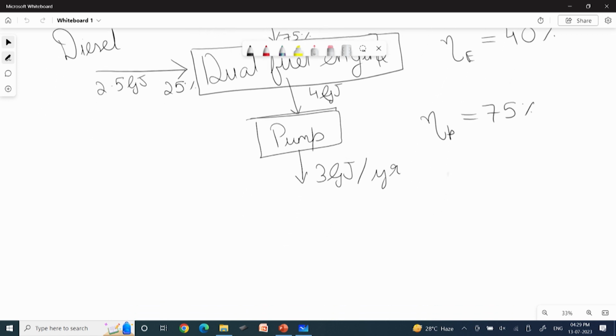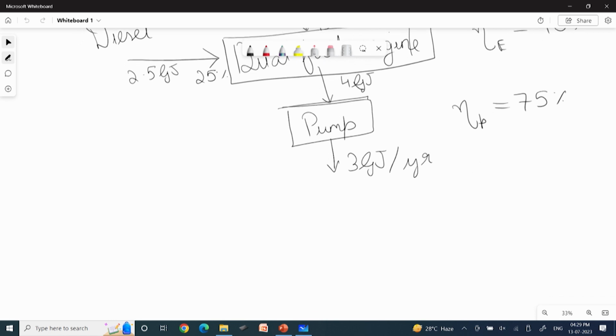So, let us assume a normal biomass calorific value of 15 megajoules per kg. Of course, this would be a function of the biomass that you choose. I have taken a nominal value.